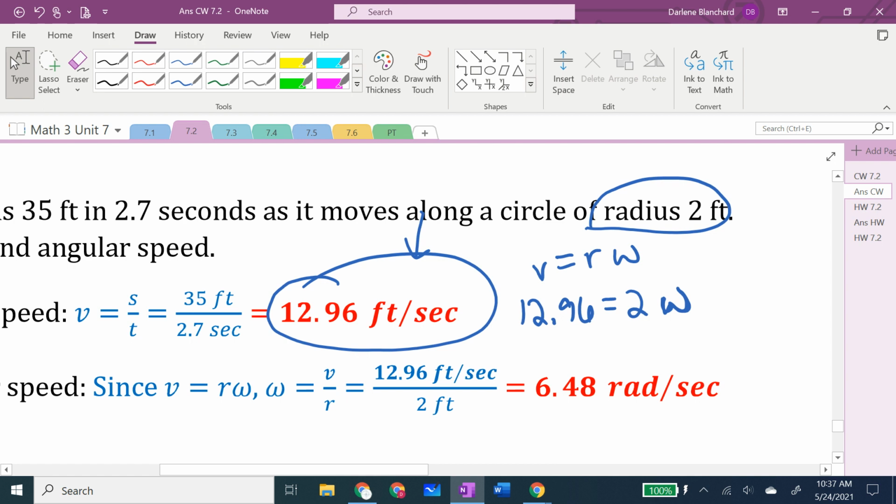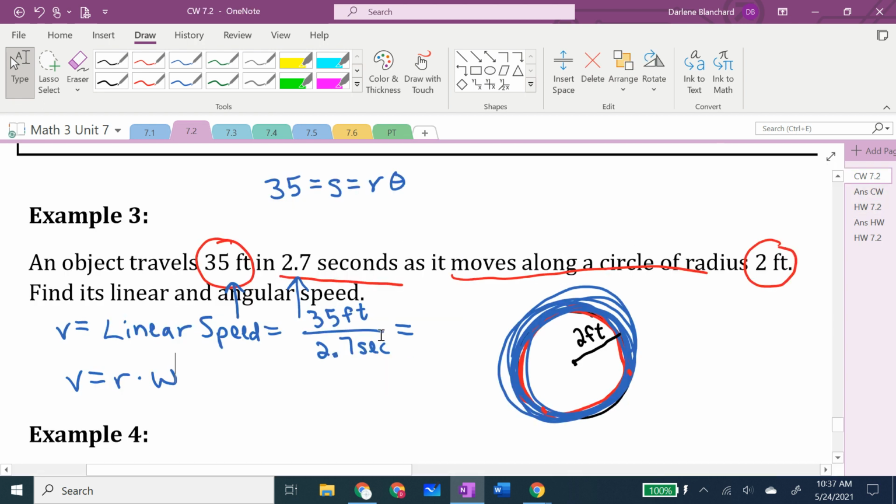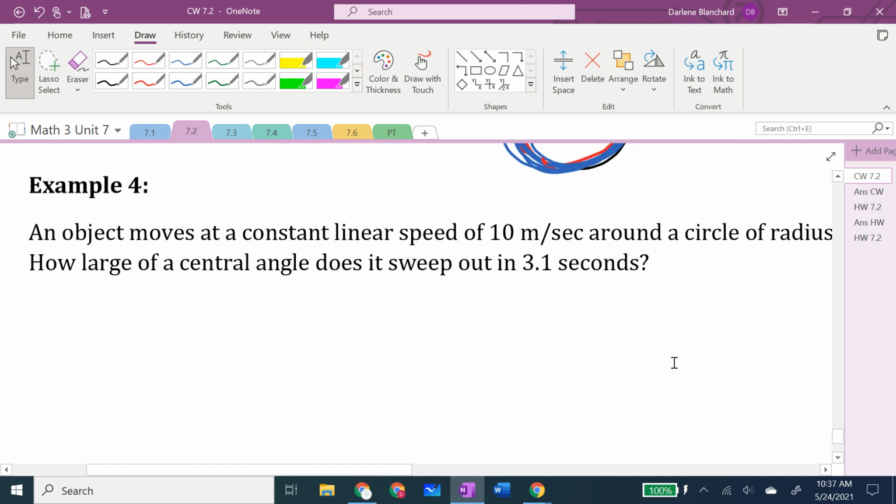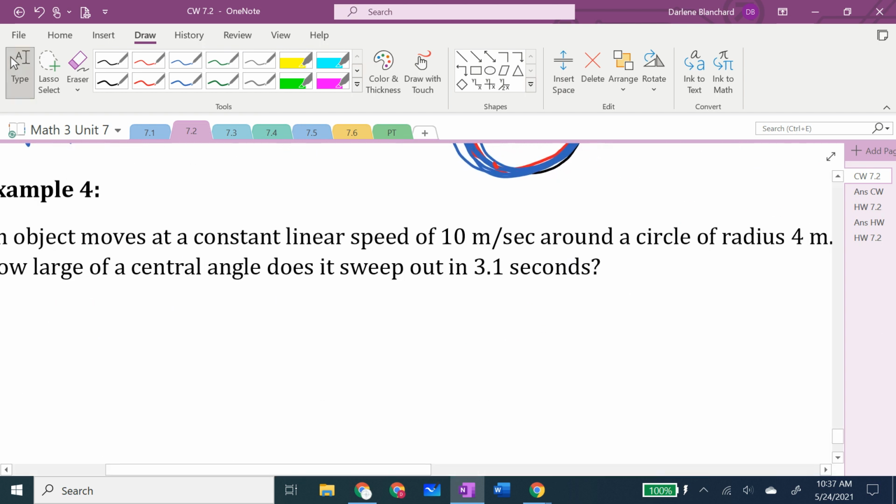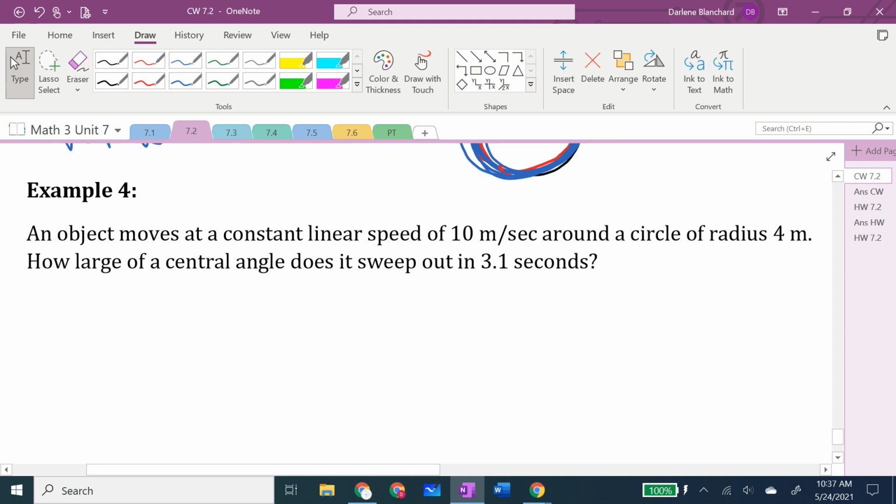And we have one more example. This time, an object moves at a constant linear speed of 10 meters per second around a circle of radius 4 meters.